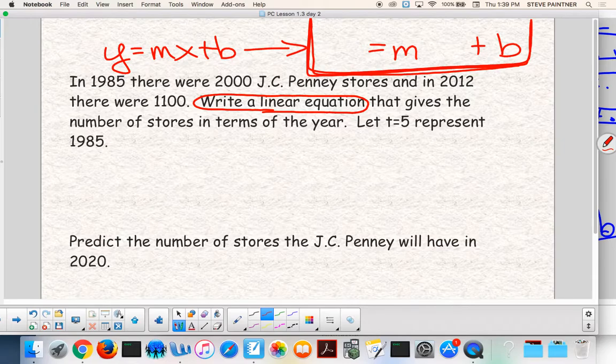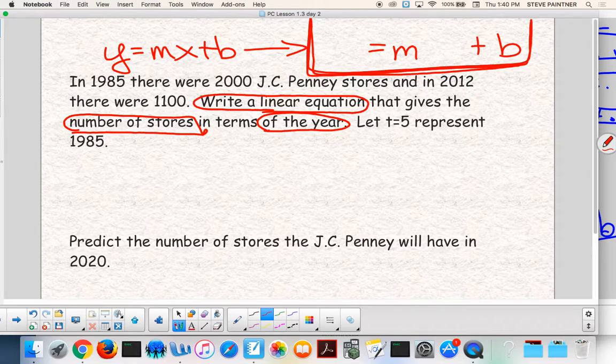Write a linear equation. Okay, that tells me y equals mx plus b. That gives the number of stores, okay, in terms of what? The year. So they want you to write an equation that gives you the number of stores JCPenney has in terms of what? Years.